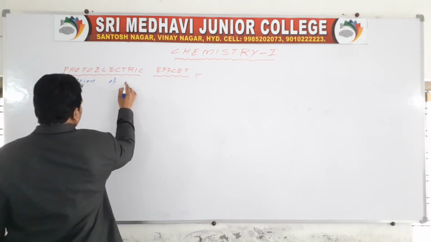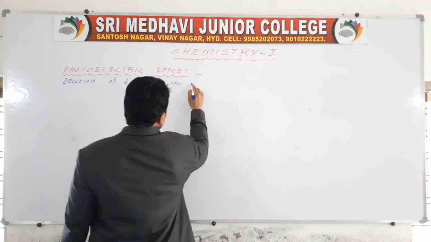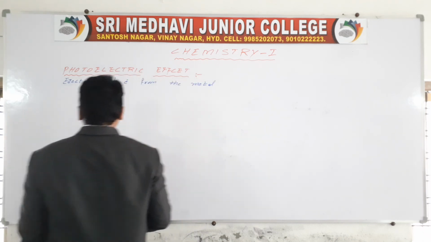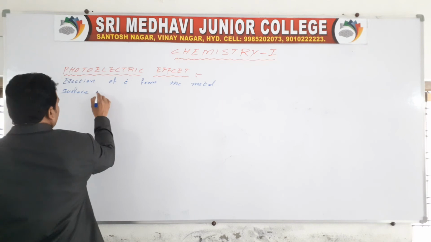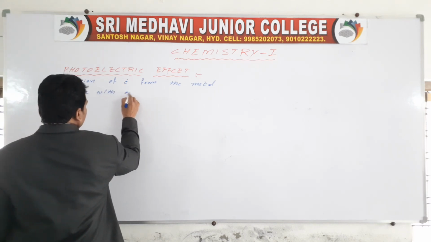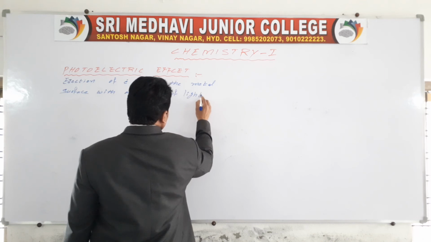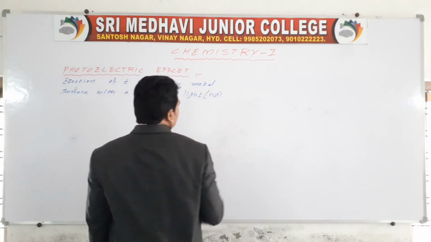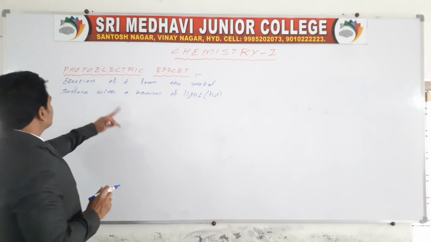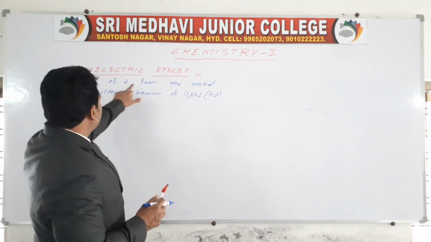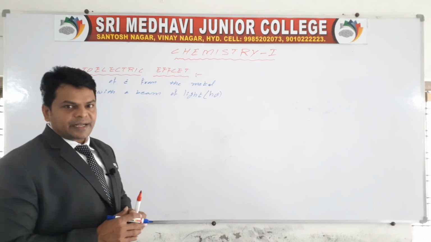A beam of light is nothing but h nu. The removal of electrons from the metal surface with a beam of light is called the photoelectric effect.